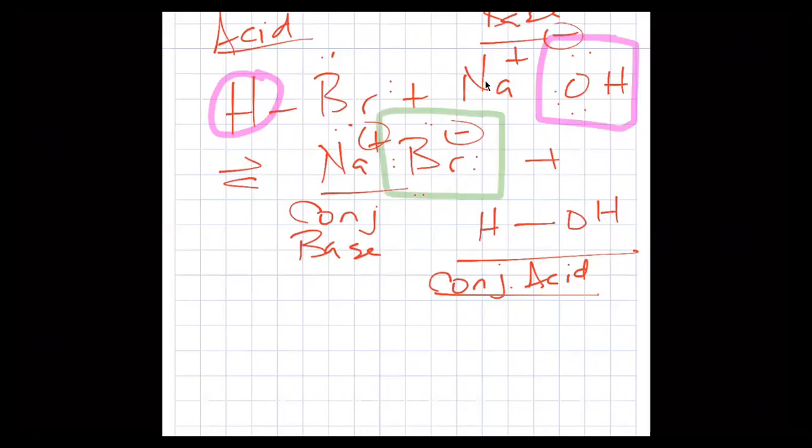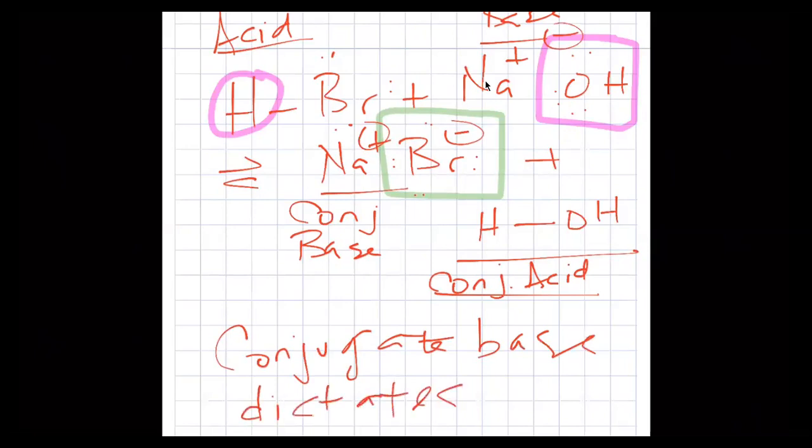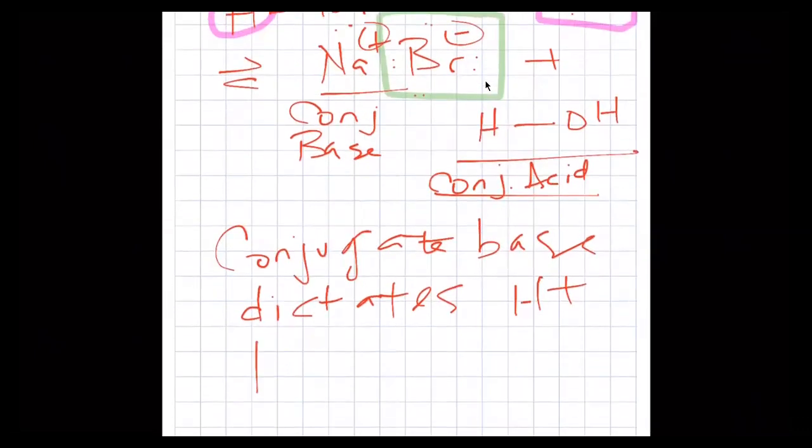So the conjugate base is really going to dictate how fast H plus comes off or is removed. As a rule of thumb, if the conjugate base is very stable, H plus is going to come off fast. If the conjugate base is not very stable, then H plus doesn't come off as fast.